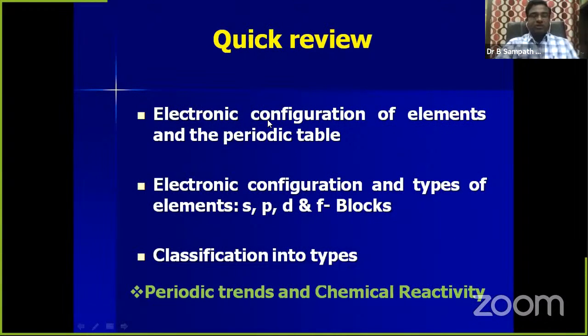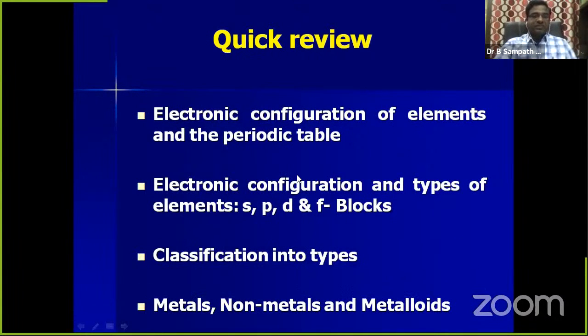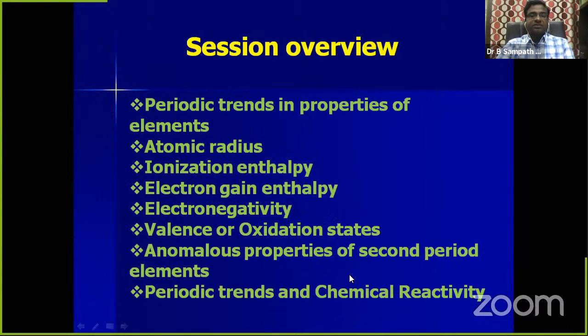Children, these are the topics we have discussed in the last session. Electronic configuration of elements and the periodic table. Electronic configuration and types of elements, S, P, D and F blocks. Classification into types: metals, non-metals and metalloids. So this is my today's session overview, children.